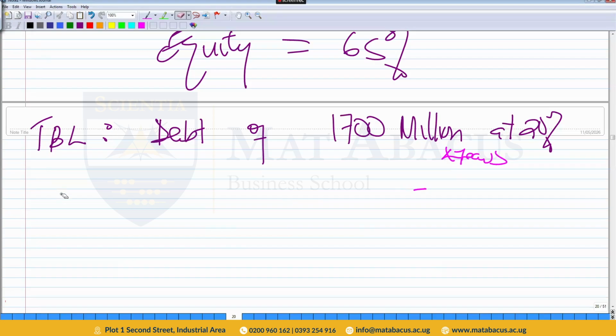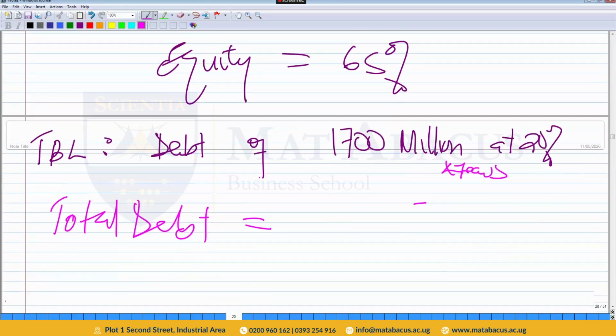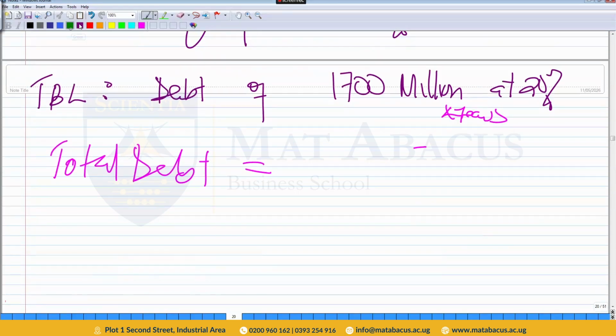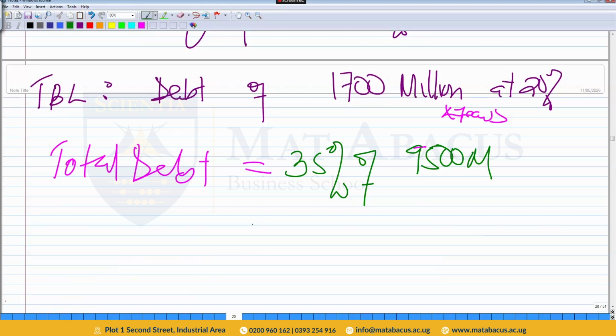However, total debt is going to be, according to their capital structure, 35% of 95 million. Meaning the debt you are looking for, if you get 35% of that, you will be getting 325 million.